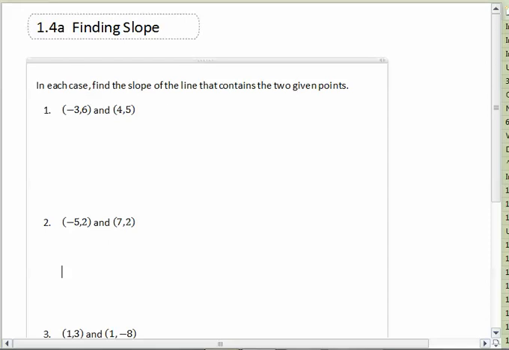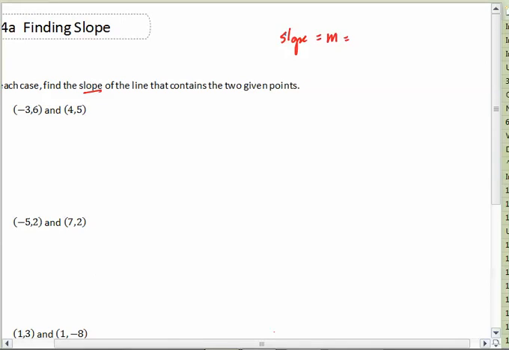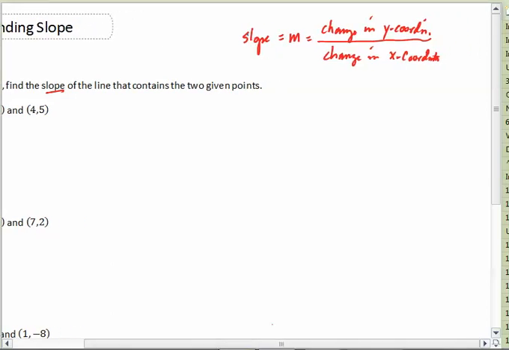Now, just to recall what slope is, remember that slope, represented by the letter M, is the change in the y-coordinates over the change in the x-coordinates of a line of 2 points, actually, right? Change in the y-coordinates over the change in the x-coordinates.